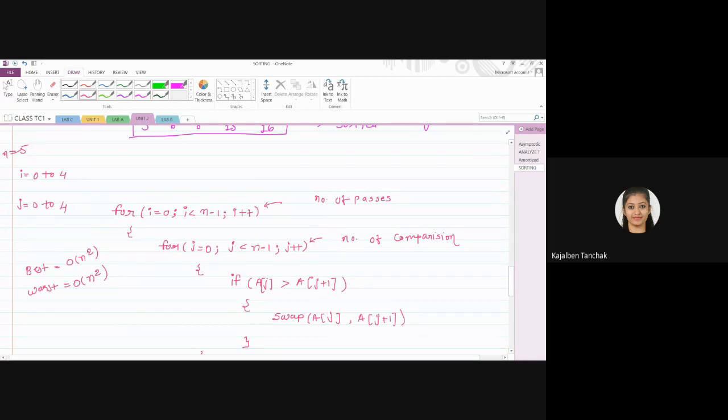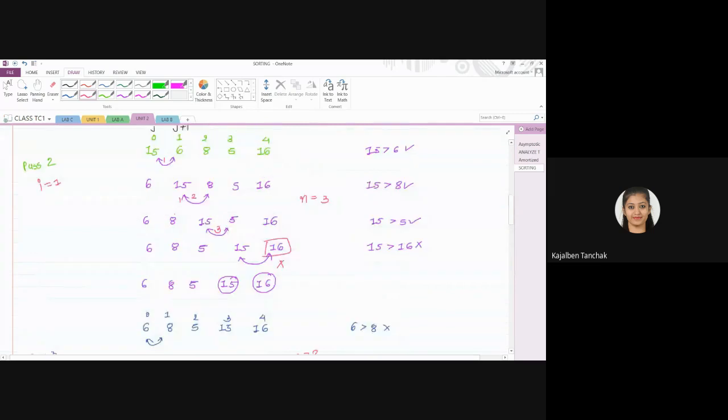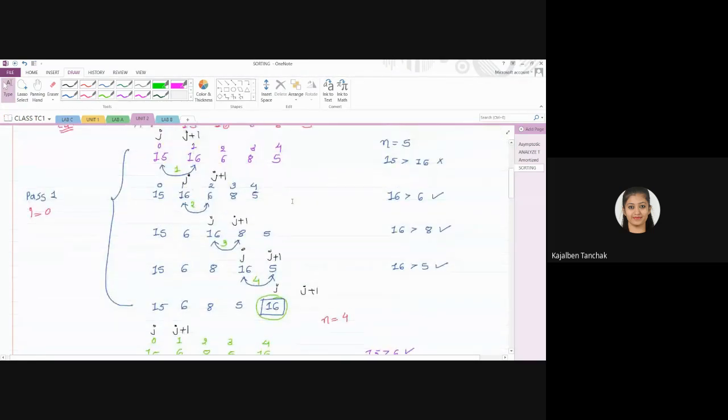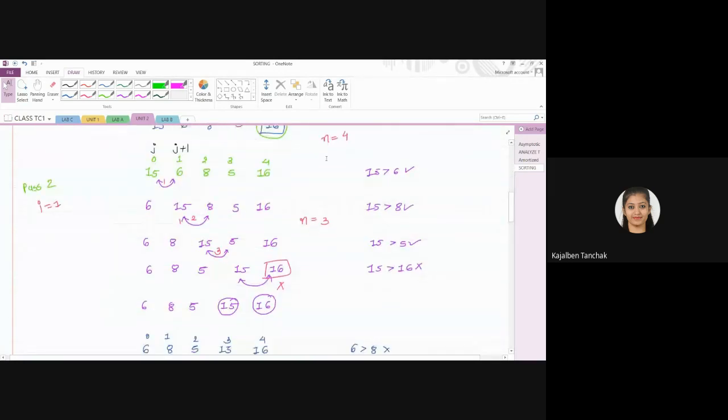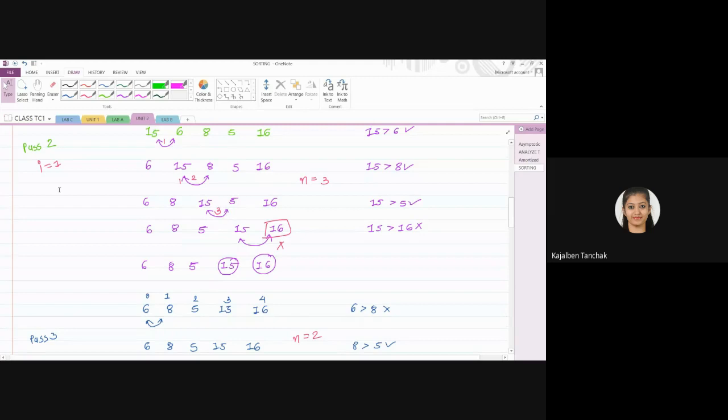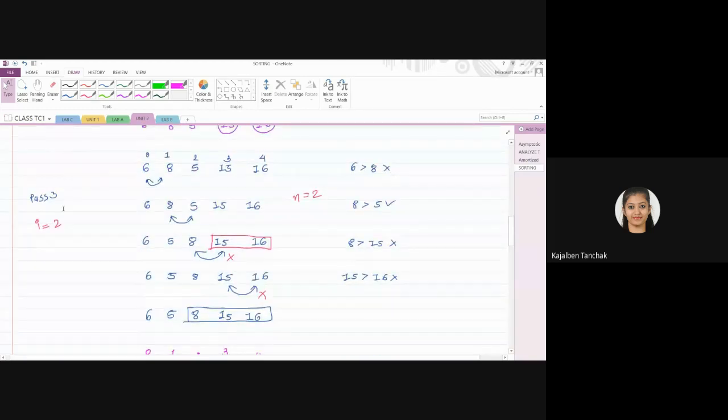So where can we modify this algorithm? Here, you can see the number of comparisons is reducing. That is based on the value of i. When the i value is increasing, that many comparisons we are discarding, right?